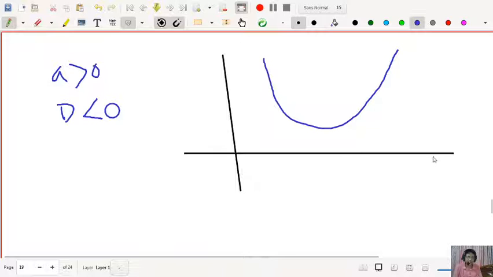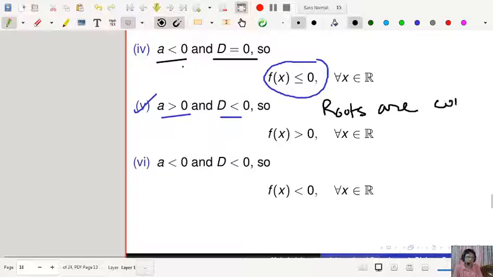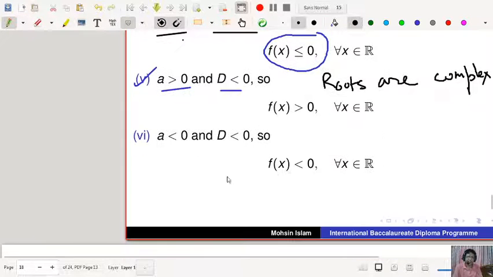There are no real roots, and f(x) is greater than 0. So in this case we say the roots or zeros are complex, imaginary, right? Since D is less than 0, the roots are complex.